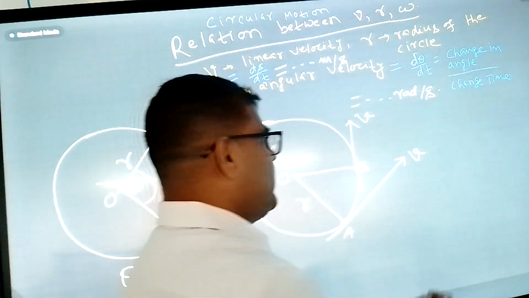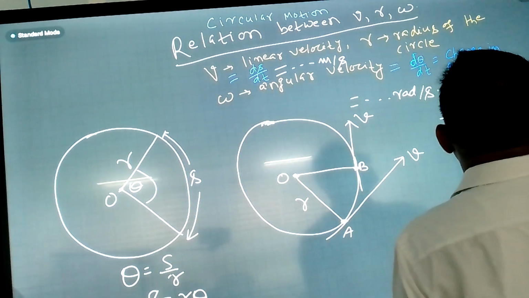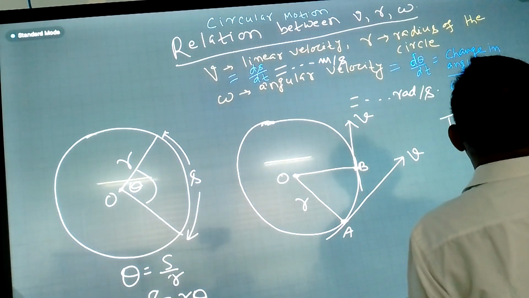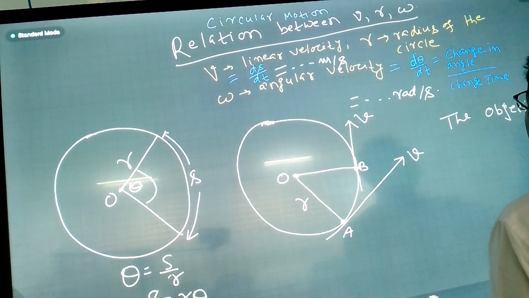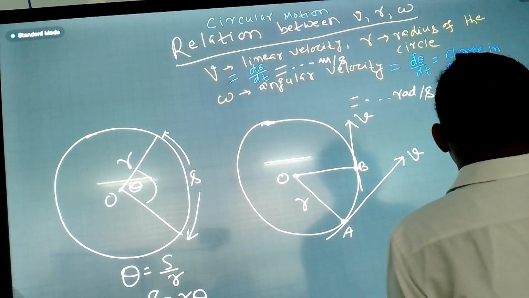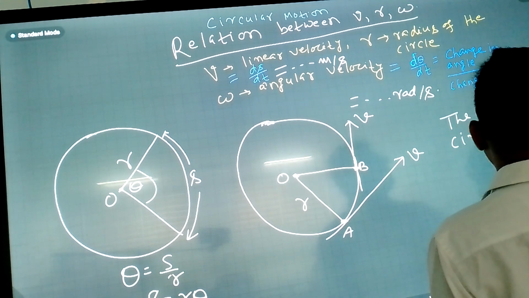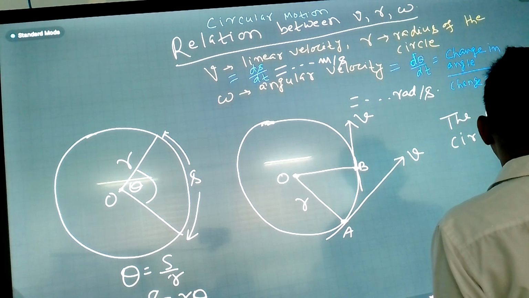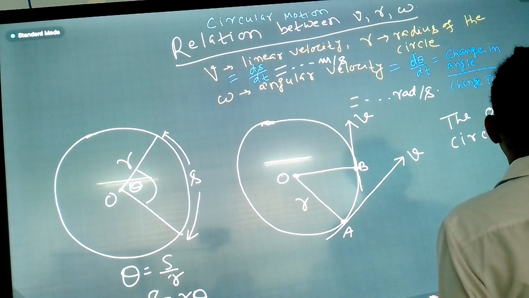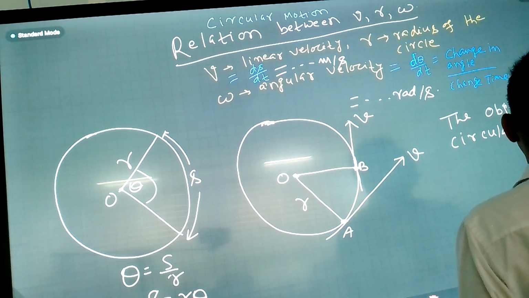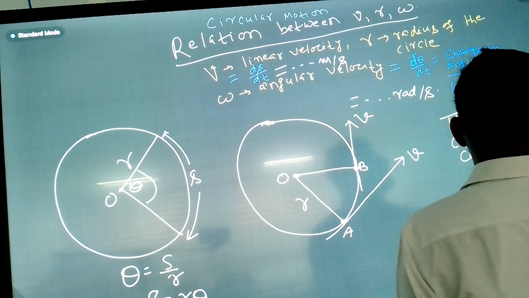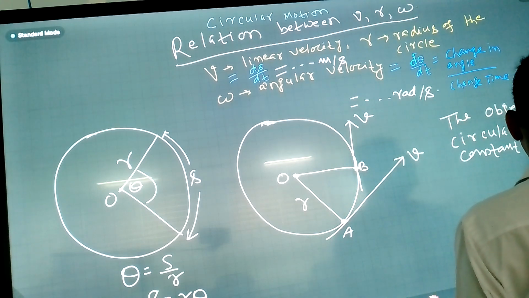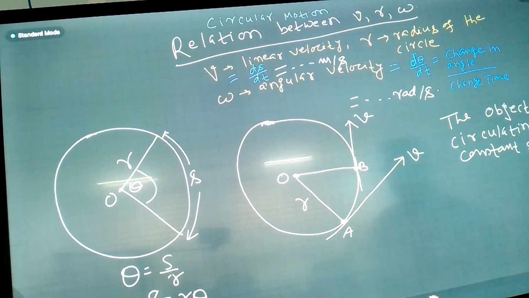So the object is circulating with constant speed. Two things are here.